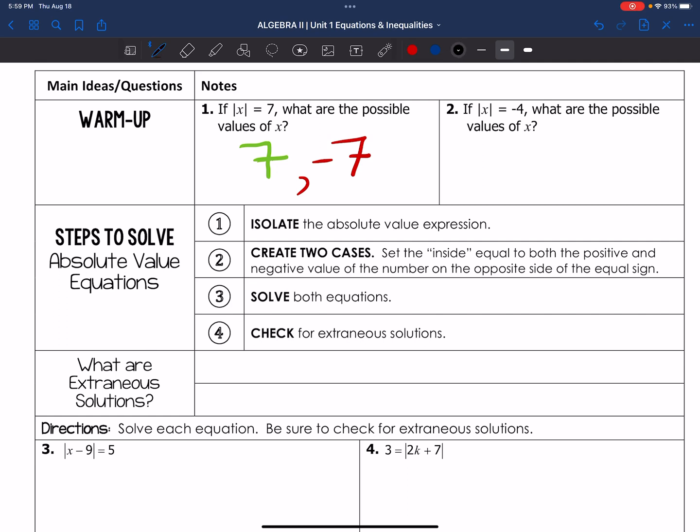Well, ladies and gentlemen, there are none, because x cannot be -4 away from 0 on your number line.